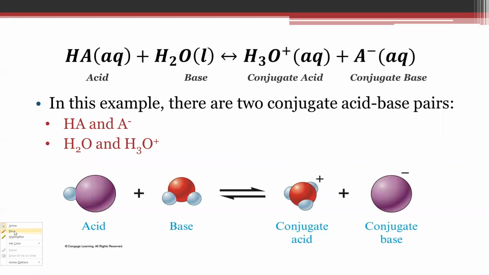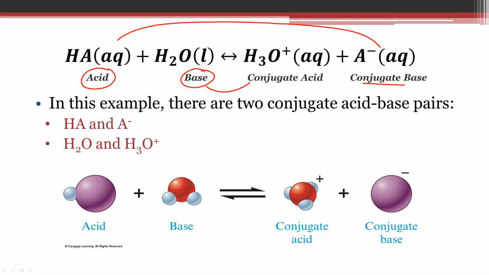The acid in the reactants gets paired with the base of the products. It's never acid-acid, it's always acid with a base. And the other pair is the base with the conjugate acid. So don't get confused when it says a conjugate acid-base pair. Even though it says acid first, sometimes the base would be first. It just depends on the situation.